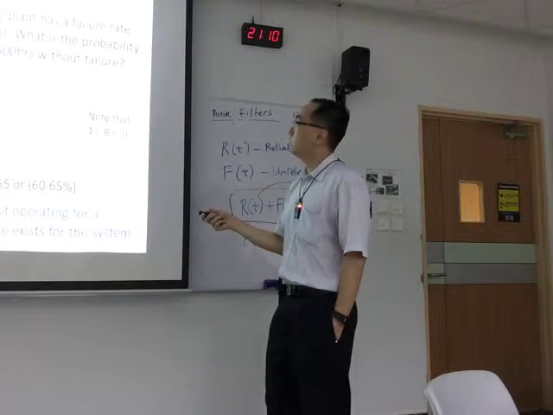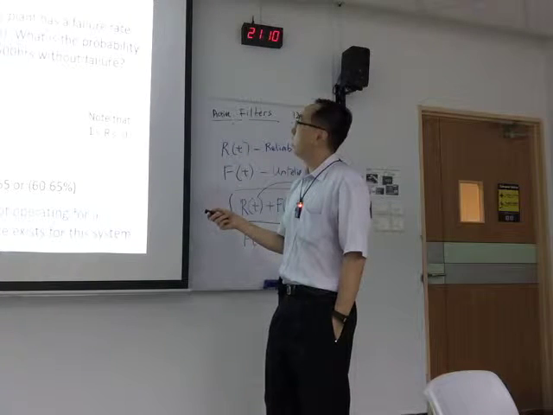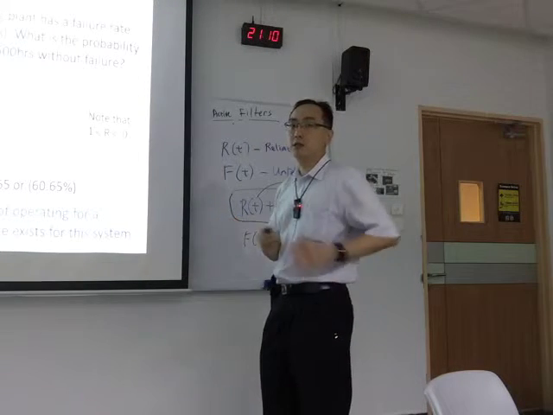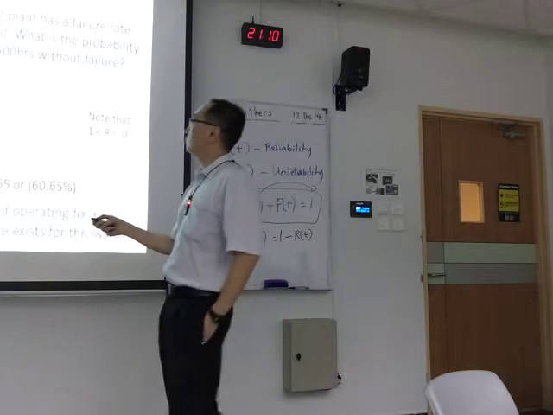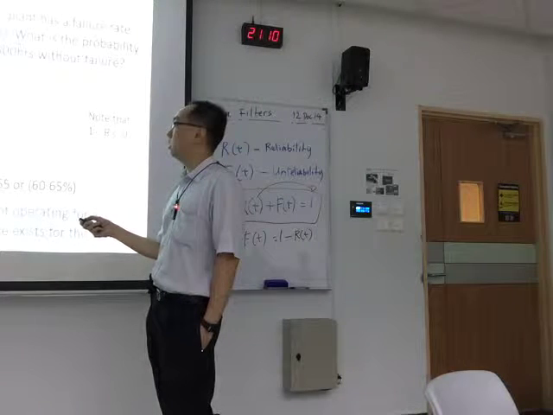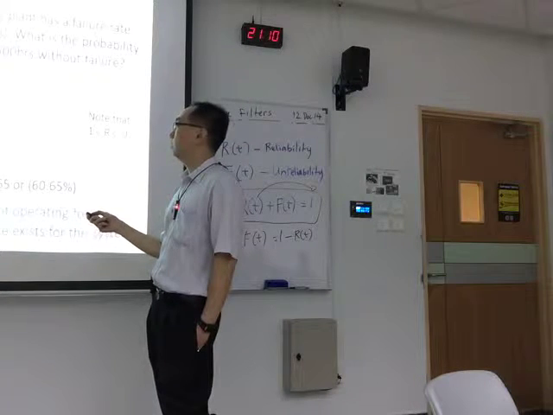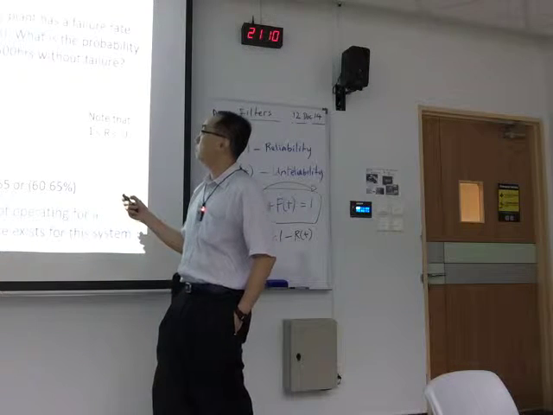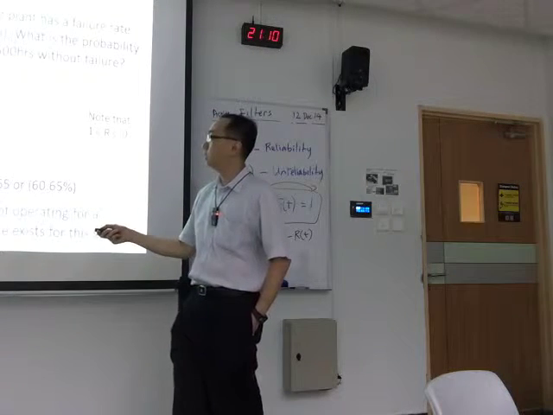You are given this. T is the time, how many hours you test the thing over a period of time. So you want to find the reliability R(t) equals e to the minus lambda T. You substitute T, which is 500 hours, into here.